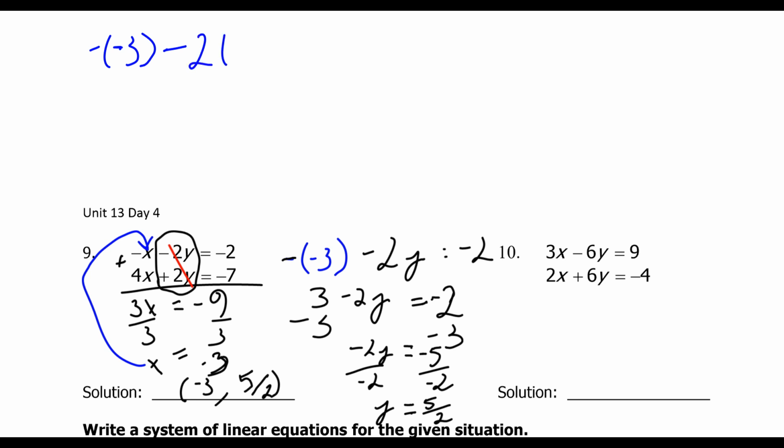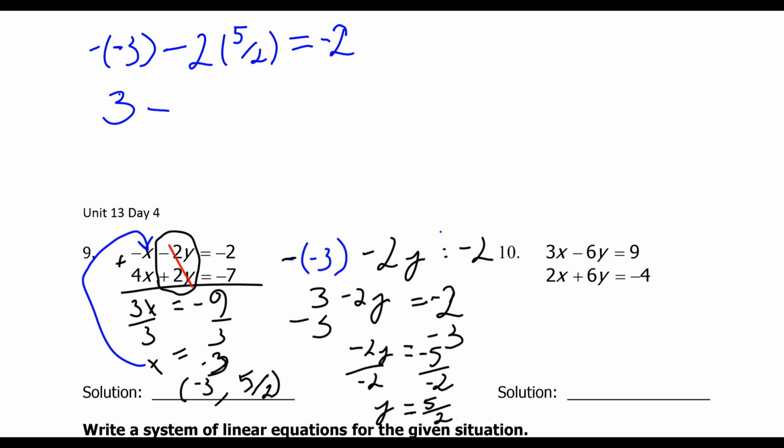Alright, so we are going to see if this actually works. Okay, so we're going to go negative of negative 3, which is going to be positive 3, minus 2 times 5 halves, which is 2 times 5, which is 10. 10 divided by 2 is 5. So minus 5 equals negative 2.